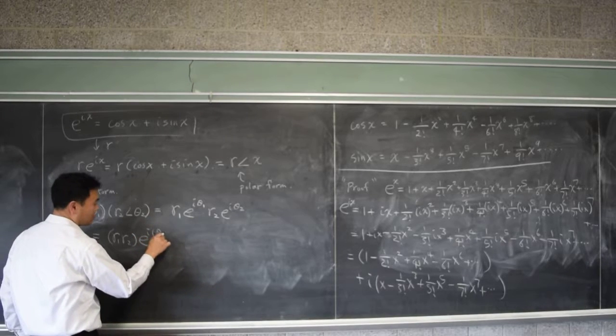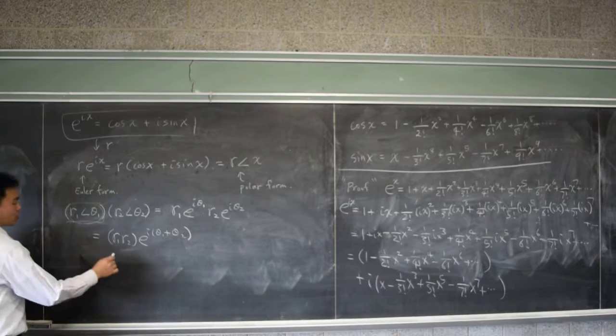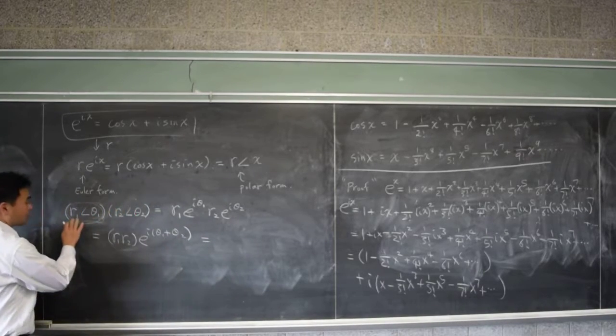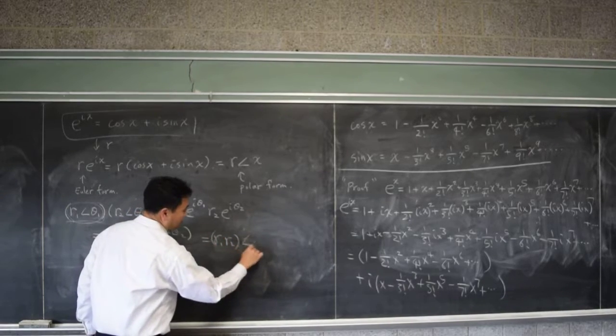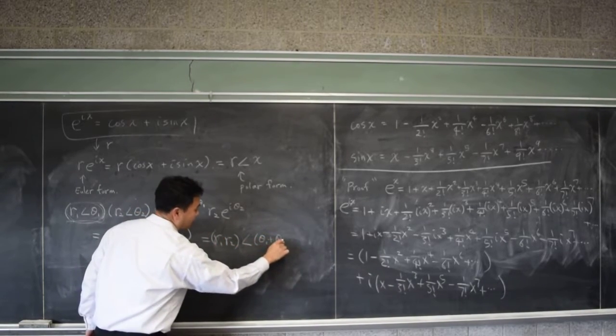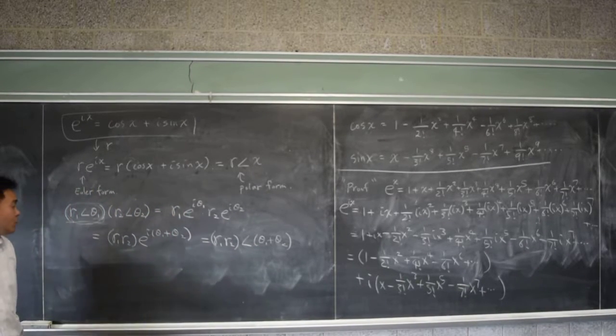So the fact that the magnitudes multiply together, whereas the angles add up, has a simple proof if you use the Euler identity.